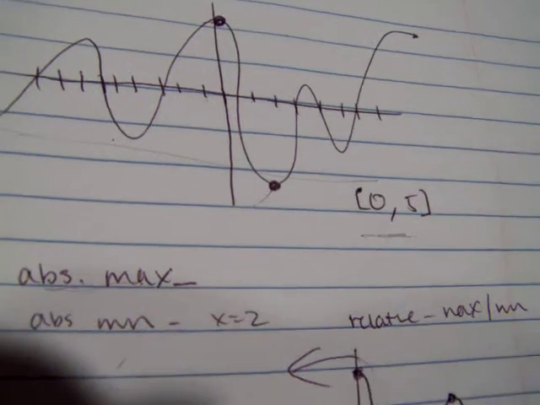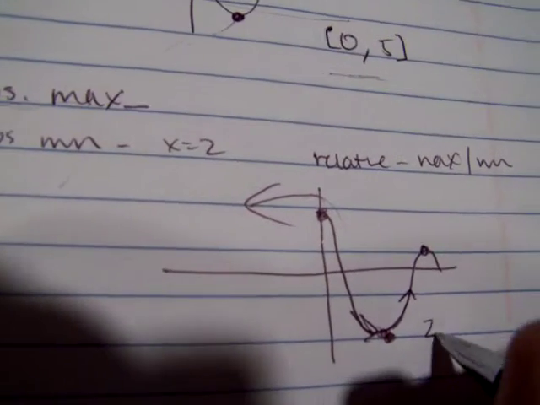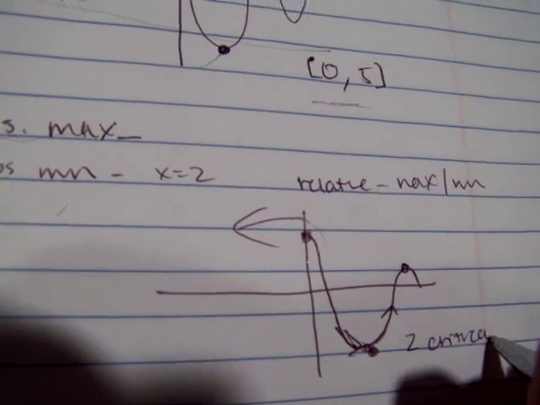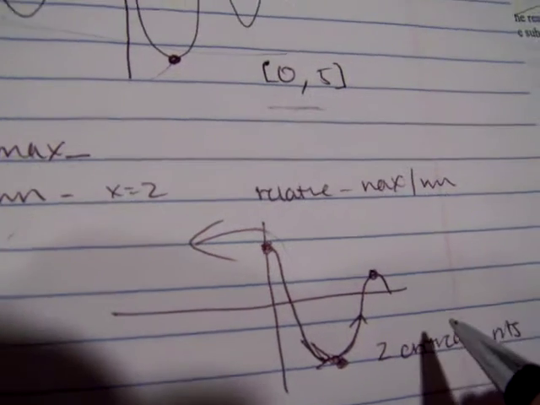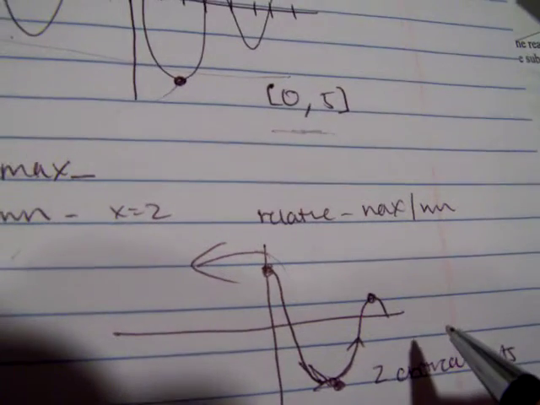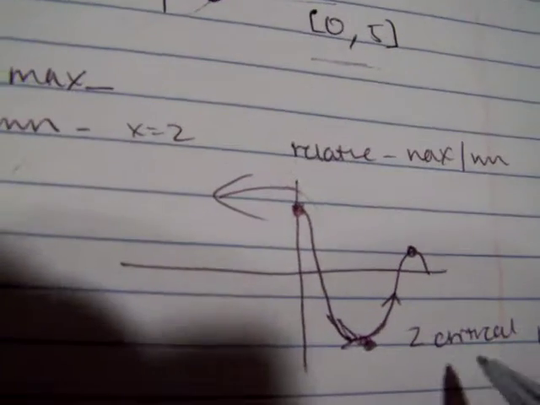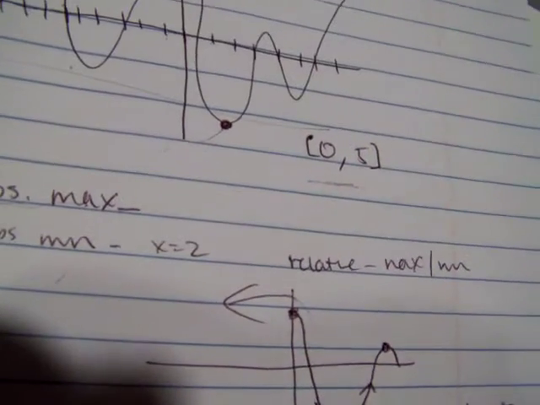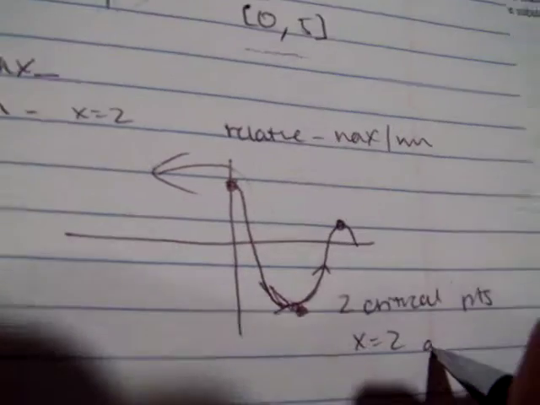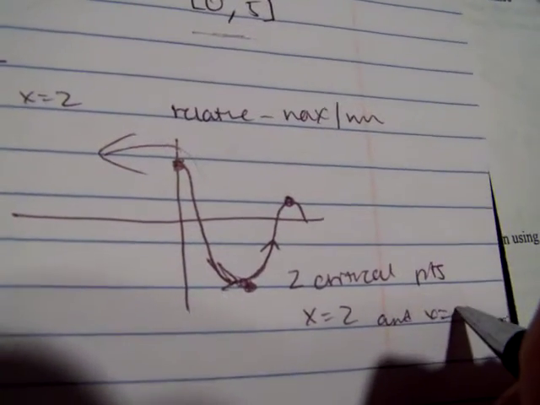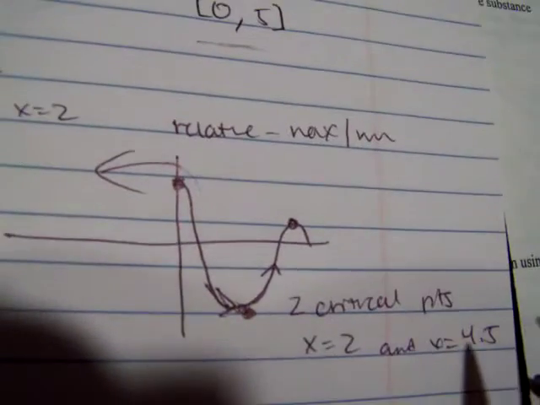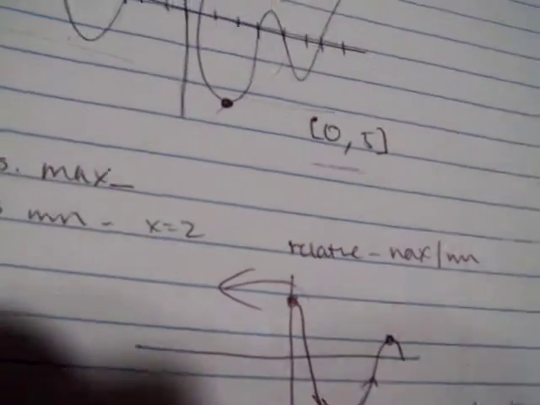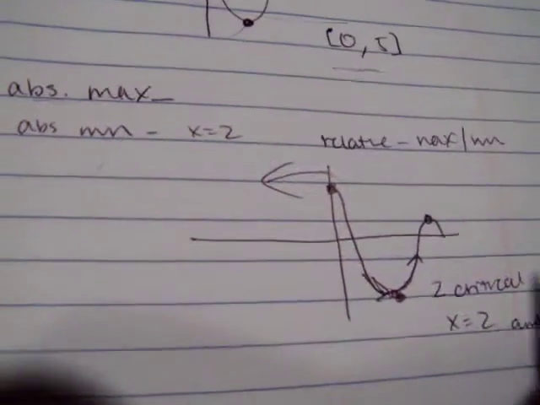Okay, so there are two critical points, which are relative mins, relative maxes, and points of inflection at x equals 2 and x equals 4.5. Okay, so that is basically what critical points are and what relative and whatever is.